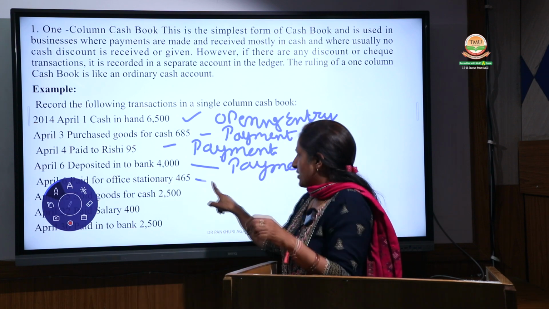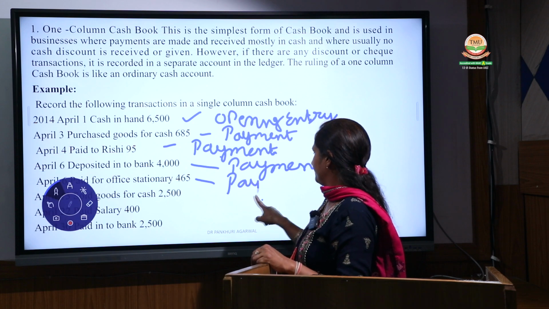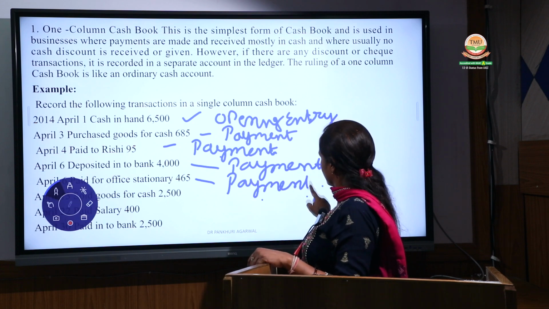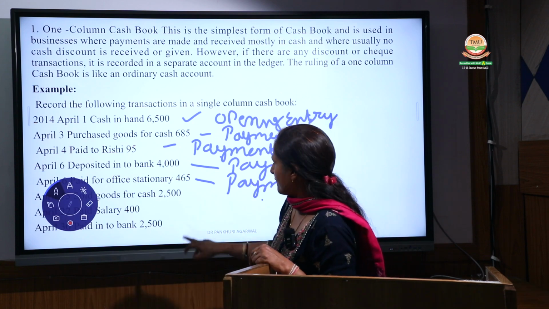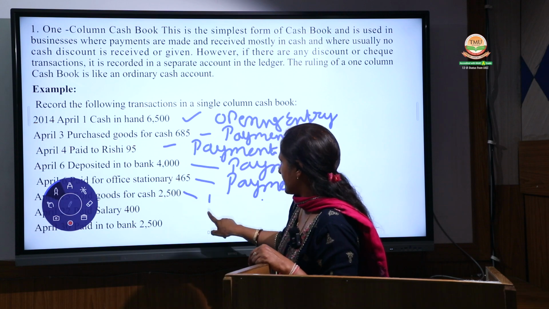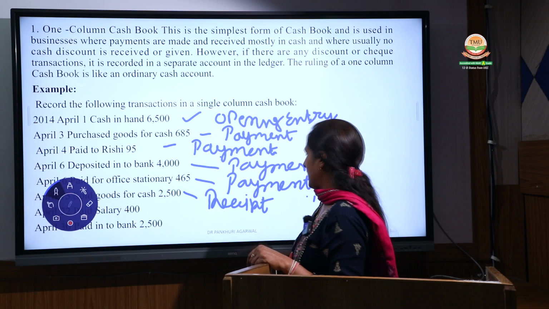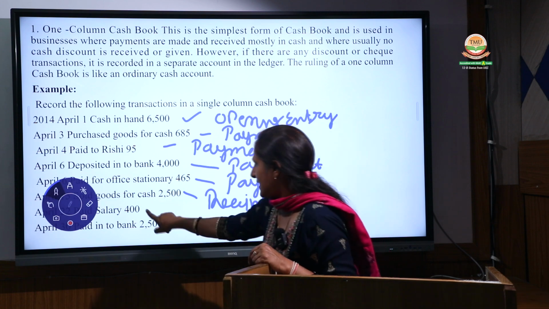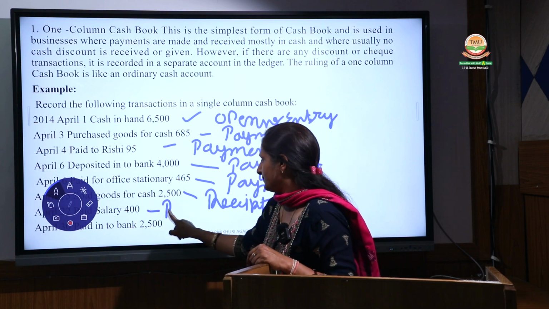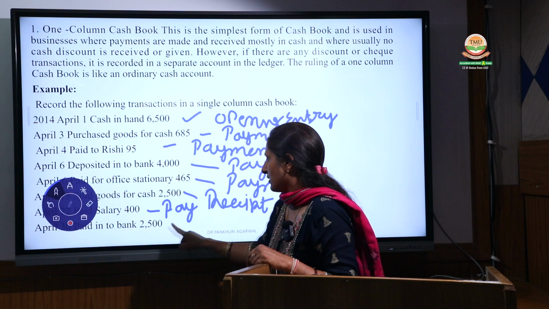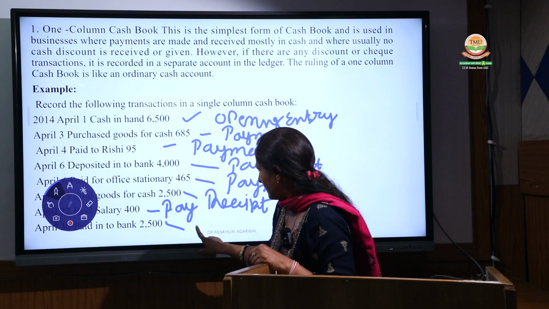Paid for office stationery, payment. Sold goods for cash, receipt. When I sell goods, I will receive the payment. Paid salary, payment. Paid into bank, again payment.